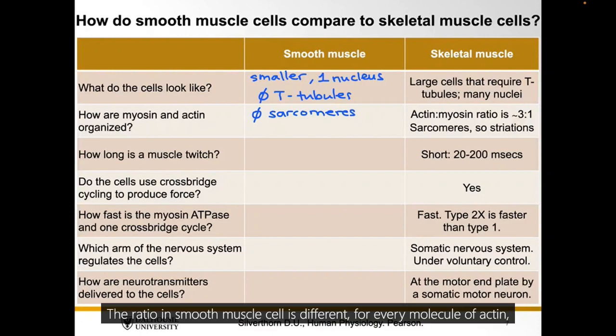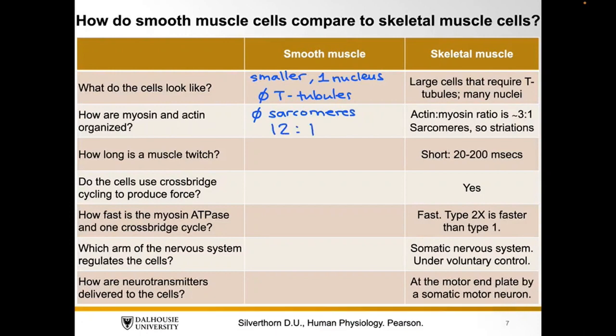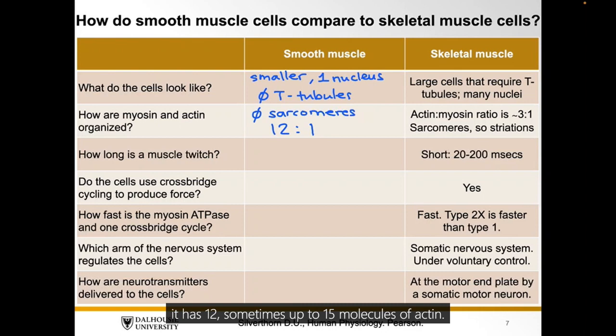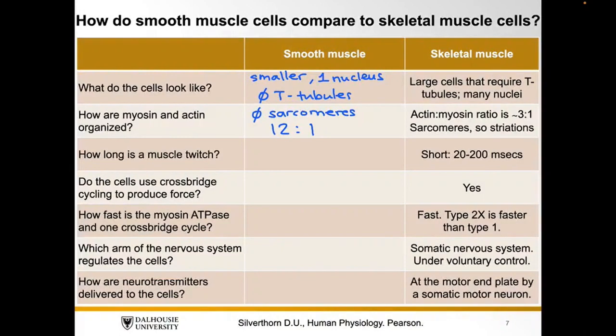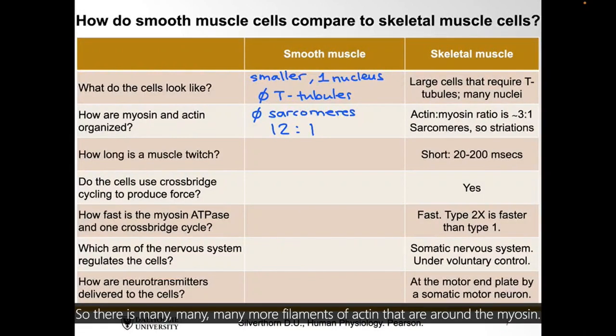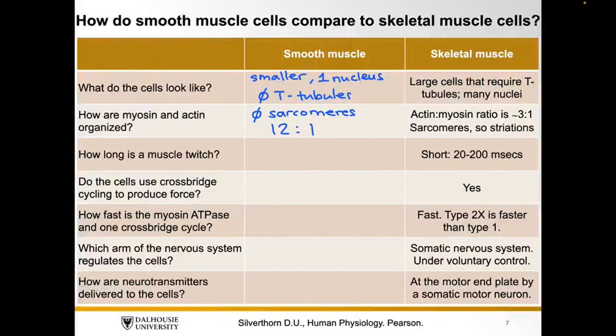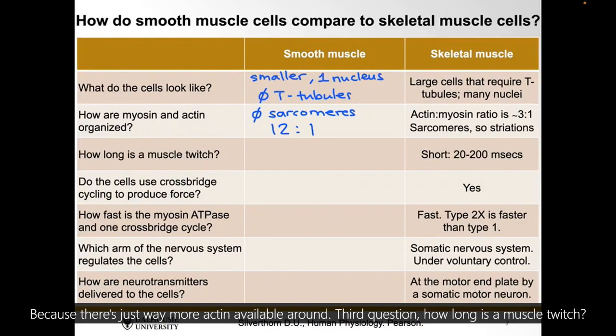The ratio in smooth muscle cells is different. For every molecule of myosin, it has 12, sometimes up to 15 molecules of actin. So there are many more filaments of actin around the myosin. And what this does in smooth muscle cells is that it's way easier for the myosin to grab onto an actin molecule and form a cross bridge because there's just way more actin available around.